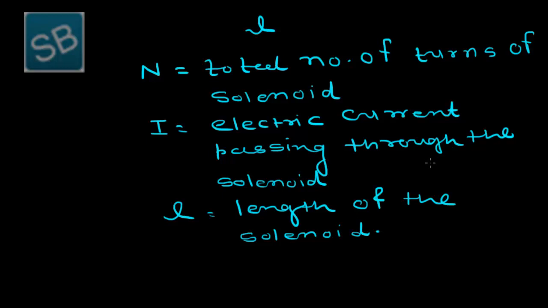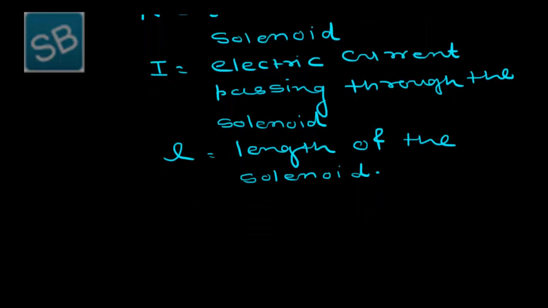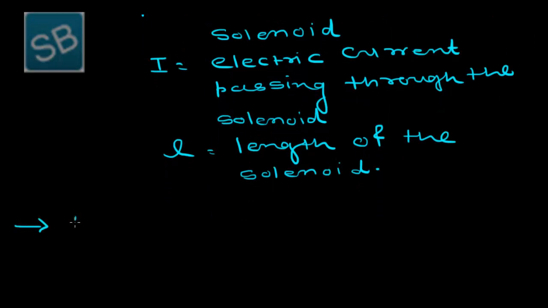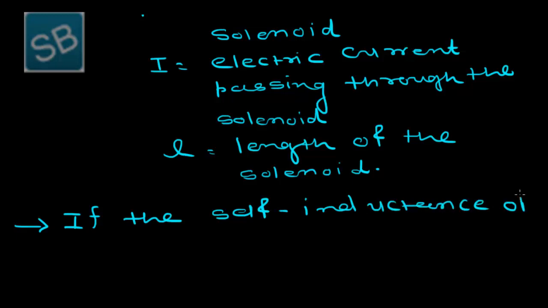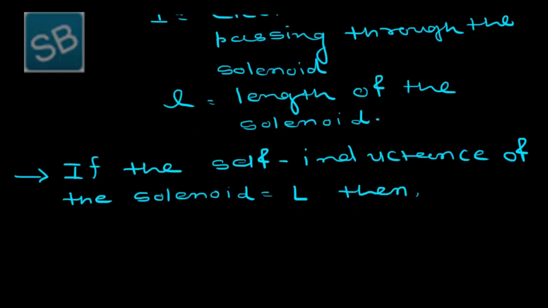So with the help of this, I am considering over here that if the self-inductance of the solenoid is capital L, then the energy which is stored in the inductor, that means U, potential energy, is given by 1 by 2 Li square.